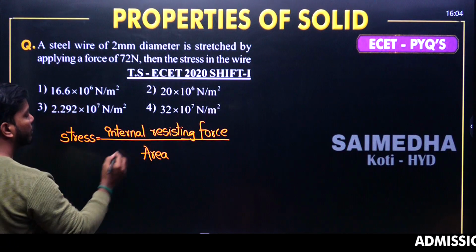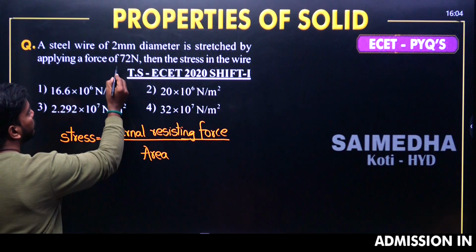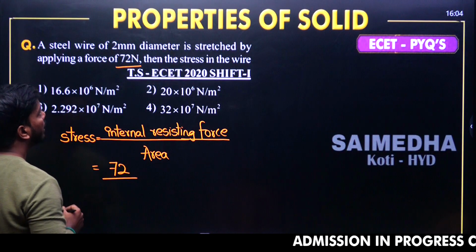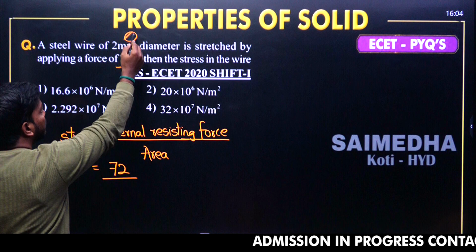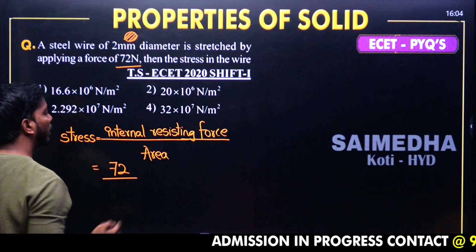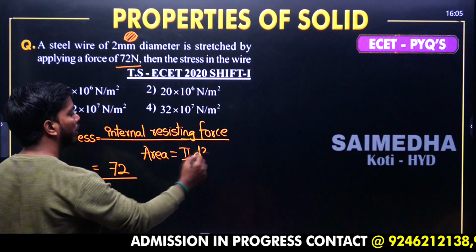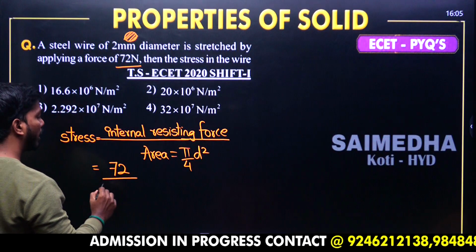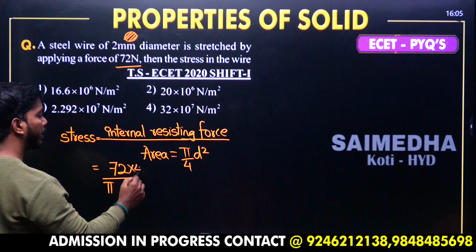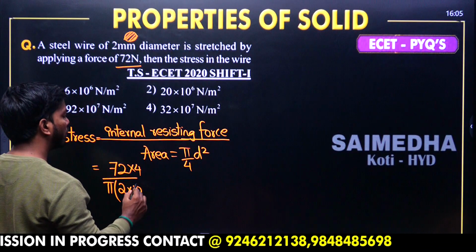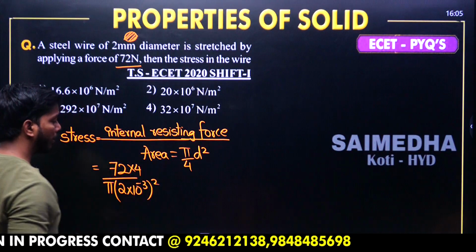So the internal resisting force given in the question is 72 newtons divided by area. When diameter is given, that means it is a circle, and the circular area formula is pi by 4 d square. So pi divided by 4, diameter square, diameter is 2 mm, so 2 into 10 to the power of minus 3 whole square.